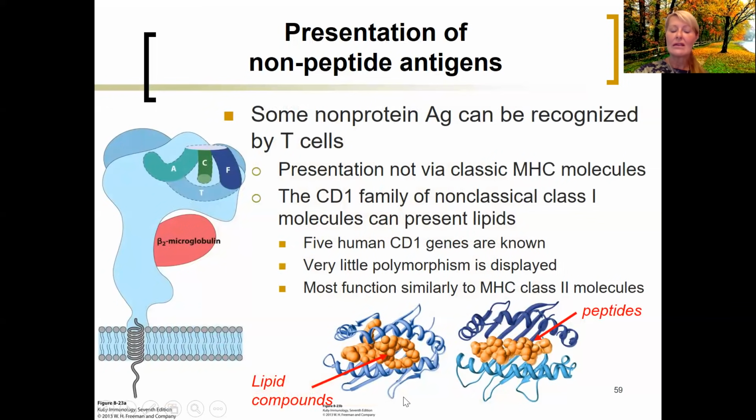But here you can see a CD1 and it's displaying lipid. And if you notice here, there is a very deep pocket where this highly hydrophobic residue can go down. So it's sitting in that sort of T tunnel that you see here. So again, different T cells are going to recognize these unique structures, either here of MHC or peptide, or over here of the lipid.